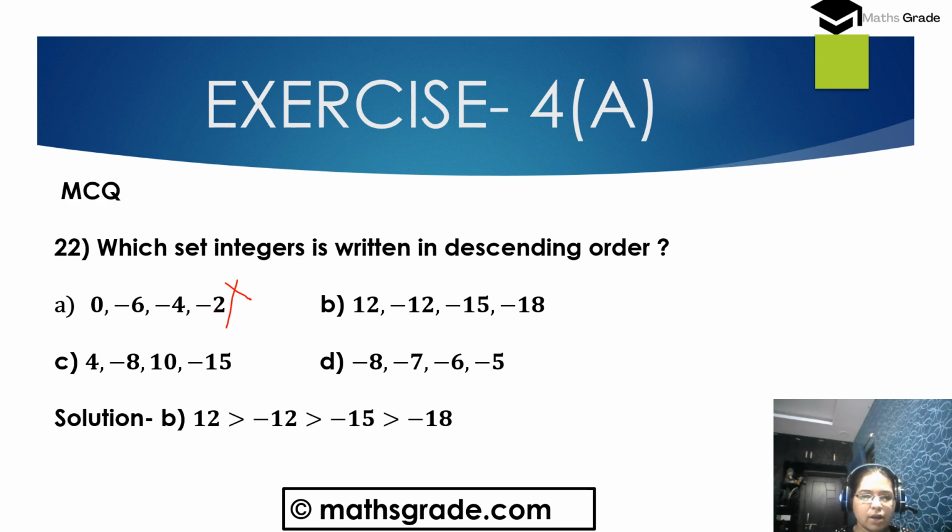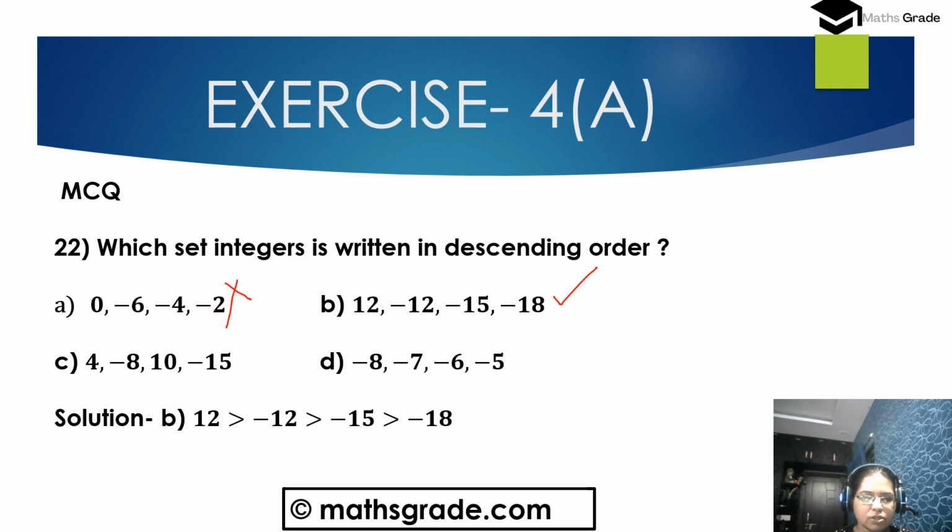Option B, 12, minus 12, minus 15, minus 18. Here 12 is the greatest, a positive integer, and minus 18 is the smallest negative integer. This is correct. This set of integers is arranged in descending order, that is 12 is greater than minus 12 is greater than minus 15 is greater than minus 18.